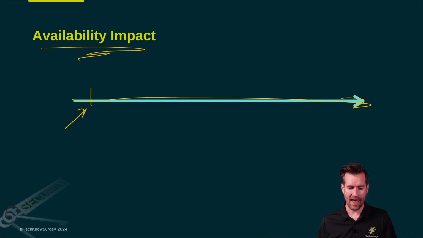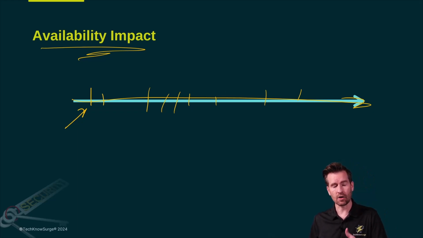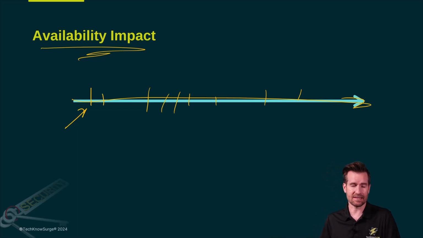That can have an impact. And then let's say it happens again, and then again, and then again, and again. What happens is that you have a loss of reputation over time, and people are going to grow weary of that, are going to get tired of the systems always being down, and they're going to give up on the company or give up on the services.